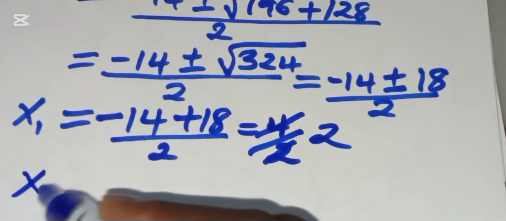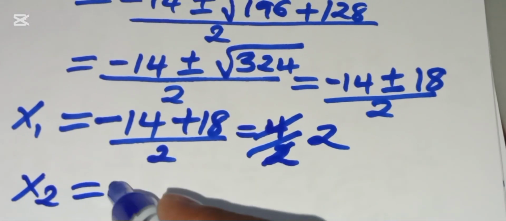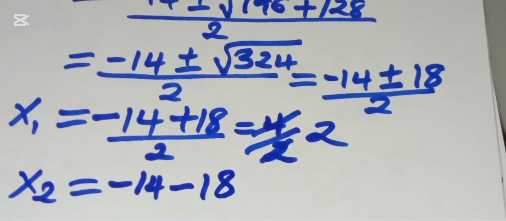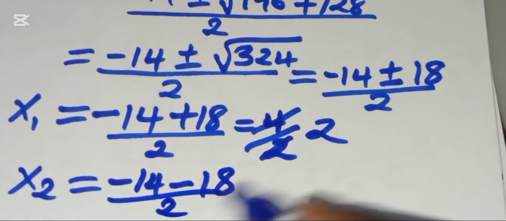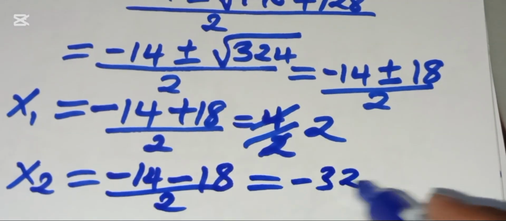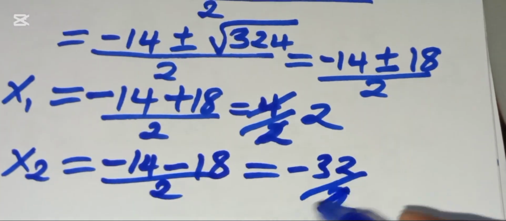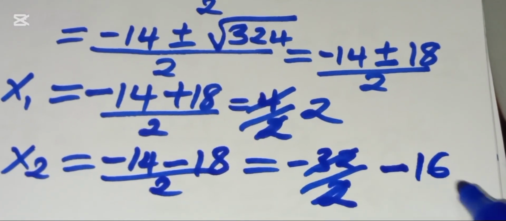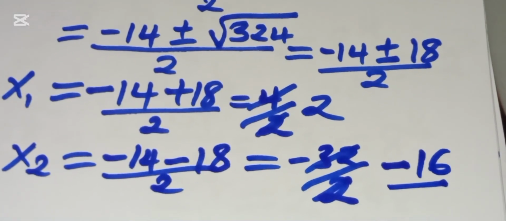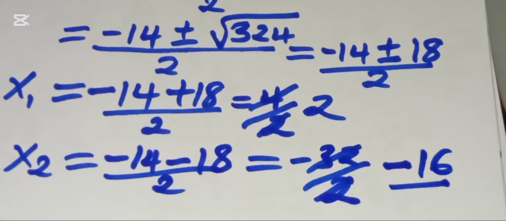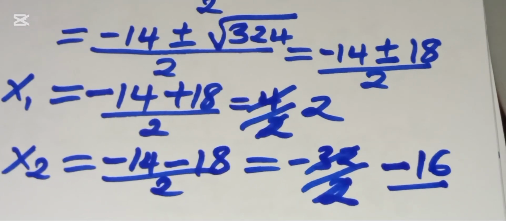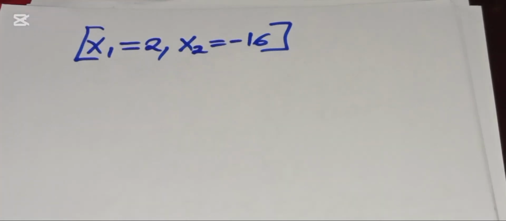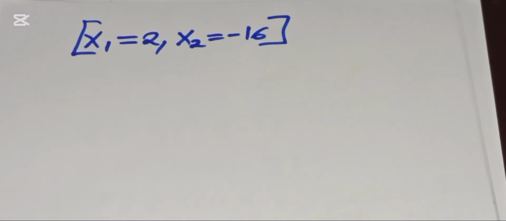The second value, x2, is equal to (−14 − 18) / 2, which is −32 divided by 2, and this is equal to −16. So let's check if these values satisfy the equation. The value of x1 is 2, and the value of x2 is −16. This is applying method 1.